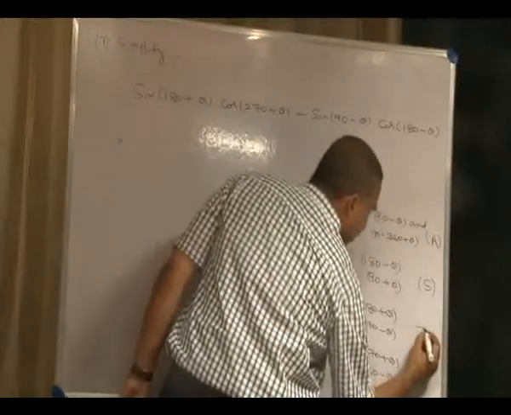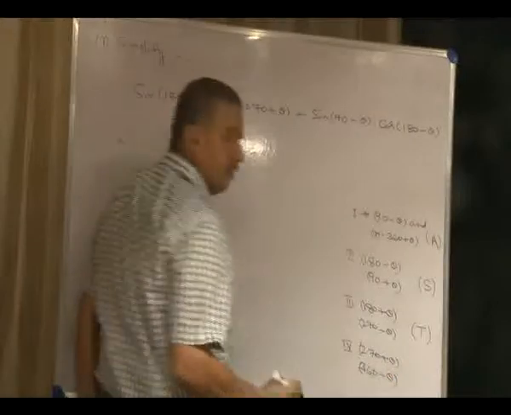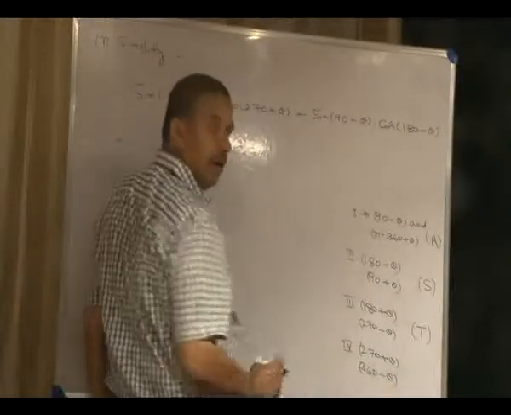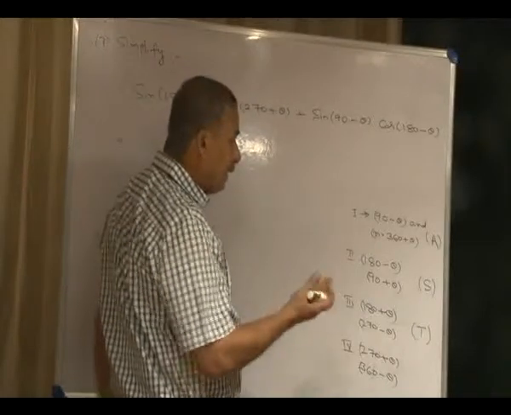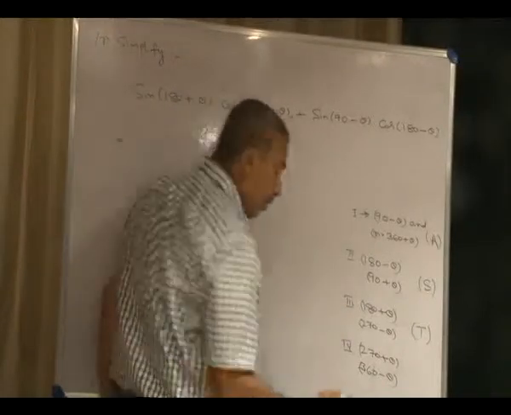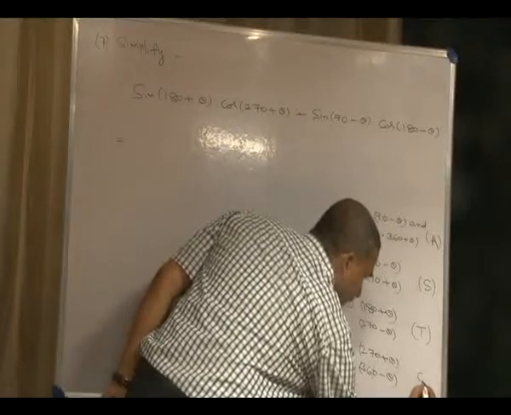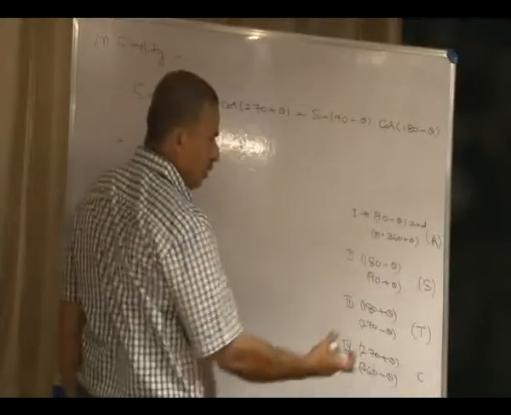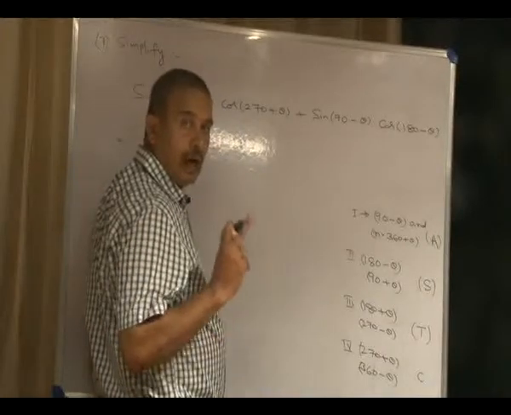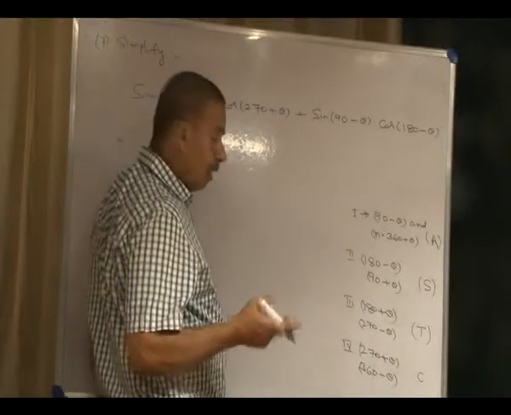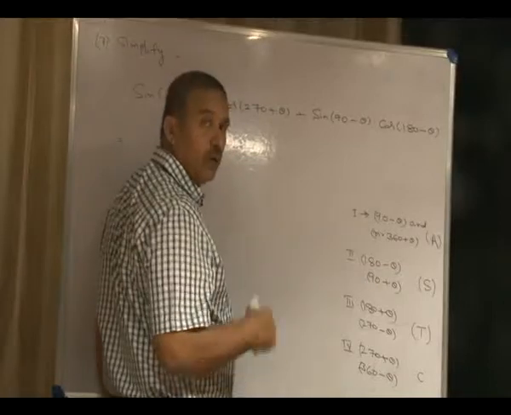T: in the third quadrant tan and cot are positive and the remaining are negative. The C comes under fourth. In the fourth quadrant cos and secant are positive and the remaining are negative.